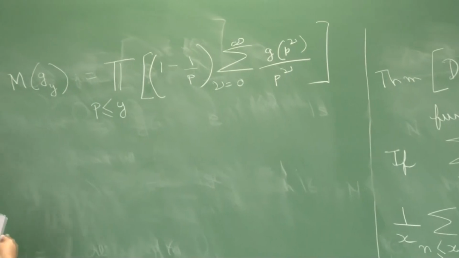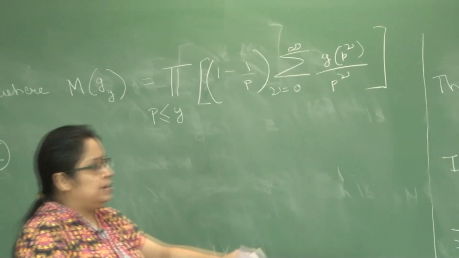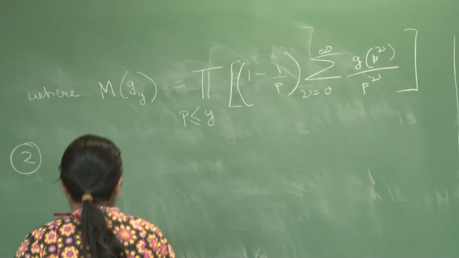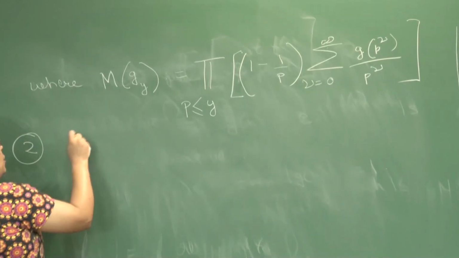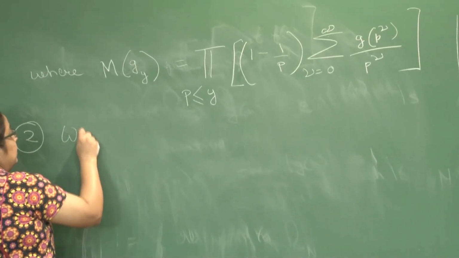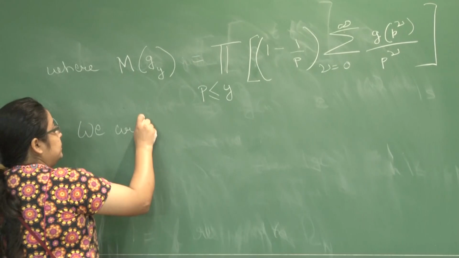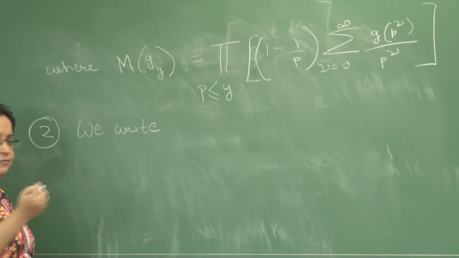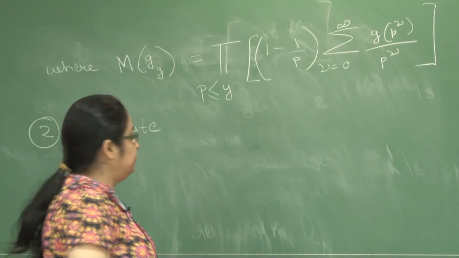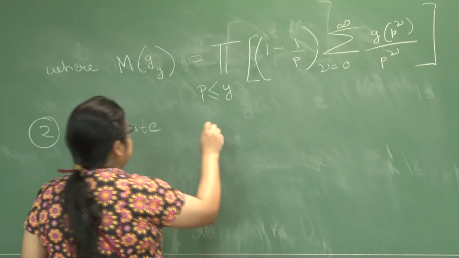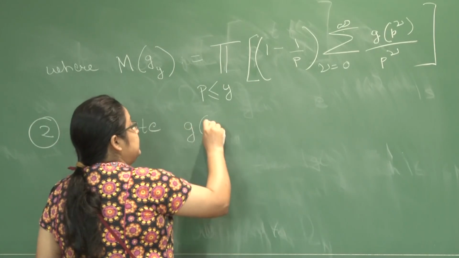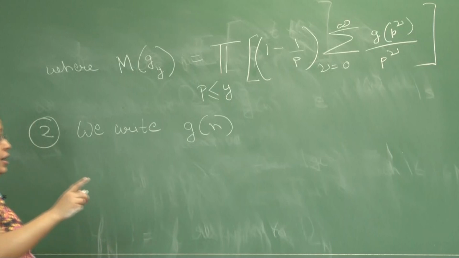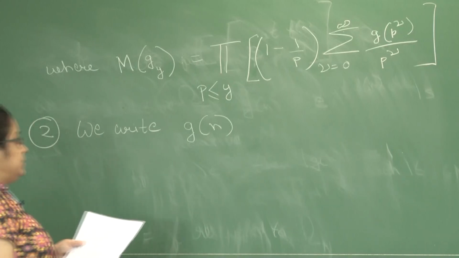This looks a little strange, but let me explain. Suppose you have a complex valued function, and you also know that it is taking values on or inside the unit circle.